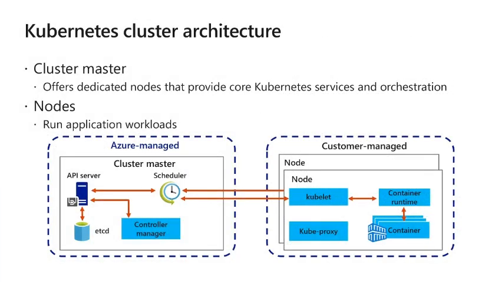So just for an example, cluster architecture of Kubernetes. A Kubernetes cluster is divided into two components. Cluster master nodes provide the core Kubernetes services and orchestration of application workloads, and nodes run your application workload. Cluster master: when you create an Azure Kubernetes Service AKS cluster, a cluster master is automatically created and configured.